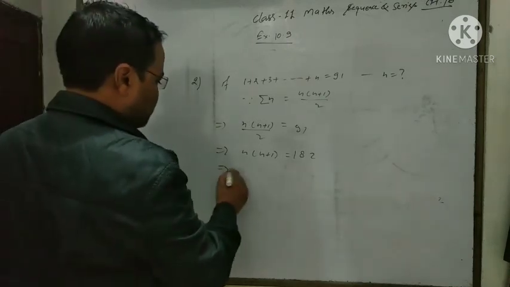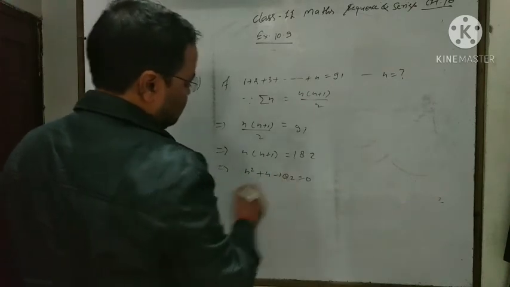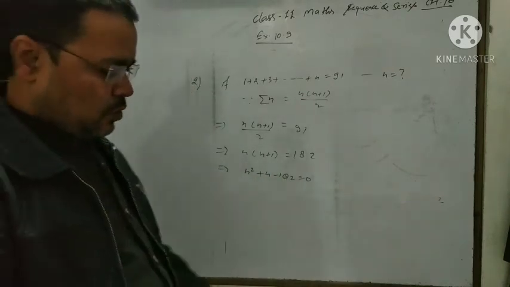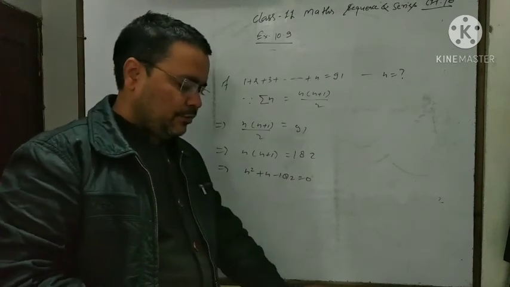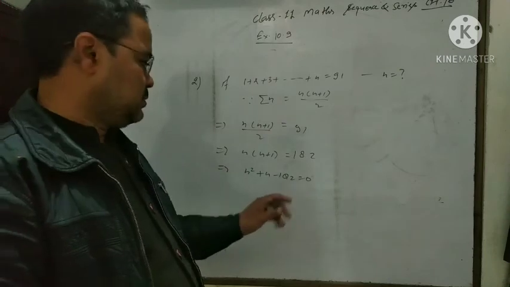Then finally it will be n square plus n minus 182 is equal to 0. Now here this is a quadratic equation in the variable n.